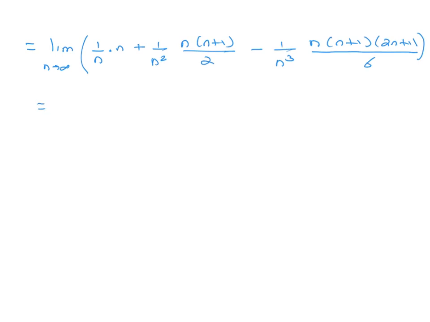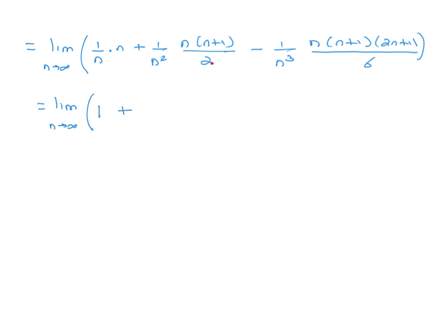This looks like a difficult limit, but I'm going to organize it in a way that we can look at each piece and quickly figure out what the limit should go to. For starters, 1 over n times n is n over n. This whole thing is just 1. So we have the limit as n approaches infinity of 1.